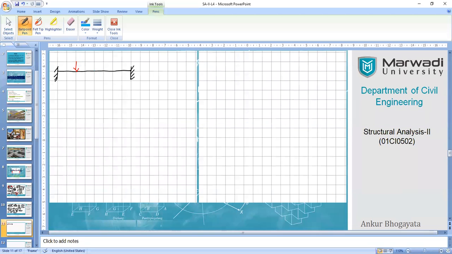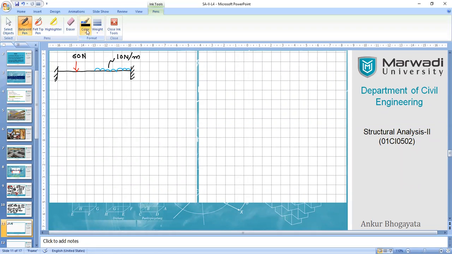So that is also at a distance like this, right? And let's write down the values together. So it is 60 Newton, and here in case of UDL you have a value of 10 Newton per running meter.